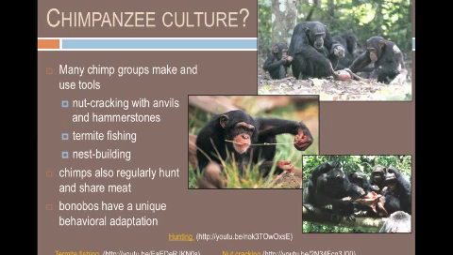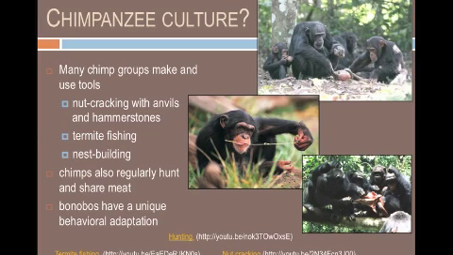They do a practice called termite fishing, where they take small twigs or pieces of grass and use them to fish bugs, termites or ants out of the ground to eat them.